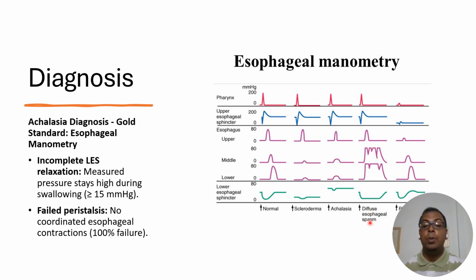So in diffuse esophageal spasms, you would have these multiple uncoordinated contractions occurring in the esophagus. And you see as you go down to the lower esophageal sphincter, the pressures would remain low. So these are some manometry characteristics of these various important disorders that you would have to know for the USMLE boards.